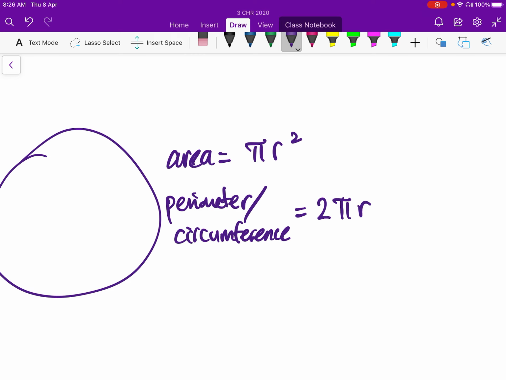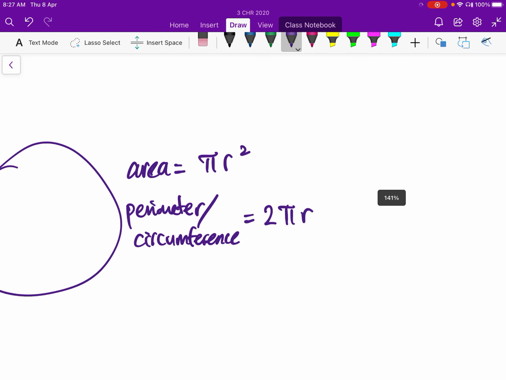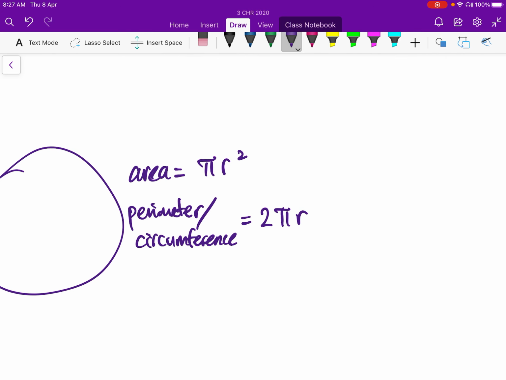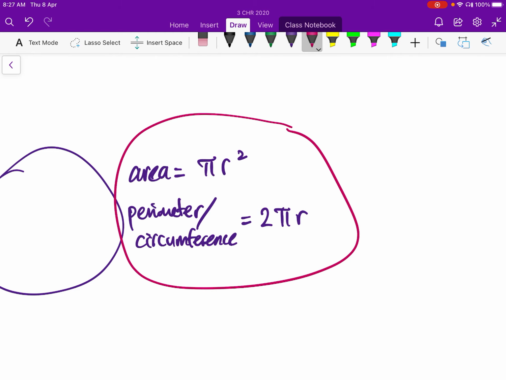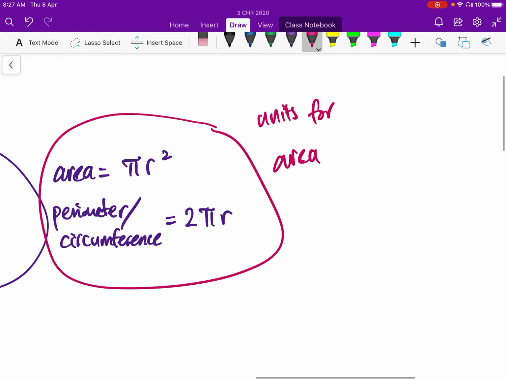How should we remember this? Okay, so you think about the units. Units for area. What does the unit for area look like? Examples of units of area. cm square.